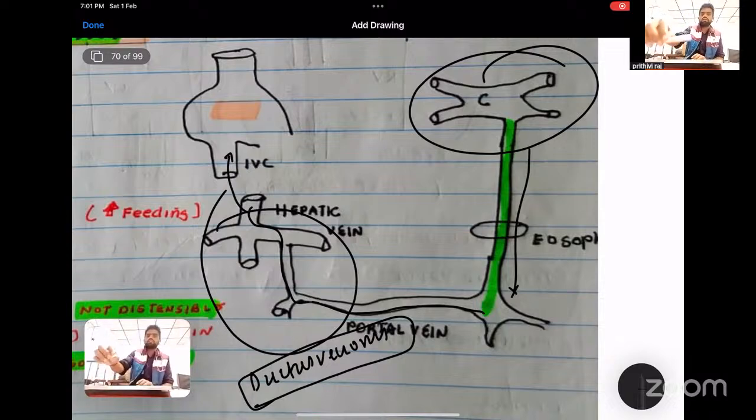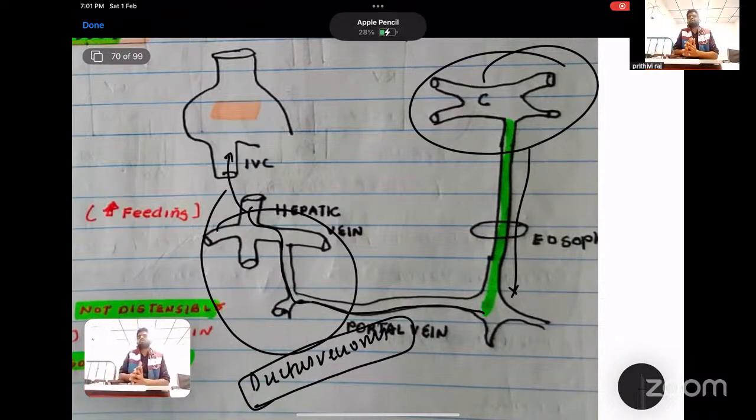So with this, today we are winding up the session. Actually, our point was to start TOF physiology. But before that, I wanted to give a brief explanation about the approach to cyanotic congenital heart disease per se, which I already discussed previously.